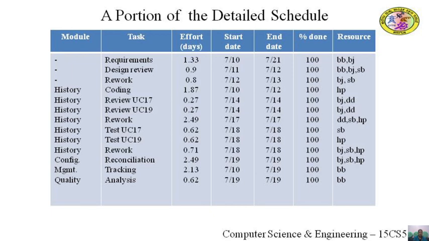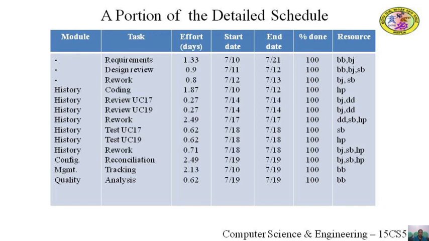For each activity, the table specifies the activity by a short name, the module to which the activity belongs, and the effort. For each task, how much is completed, that is the progress, is given in the percentage complete column. This information is used for activity tracking.